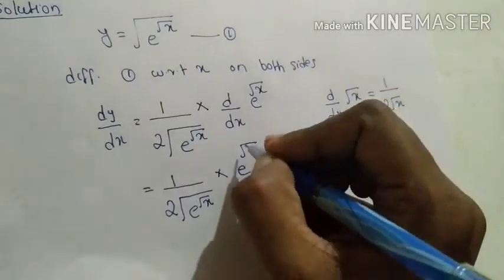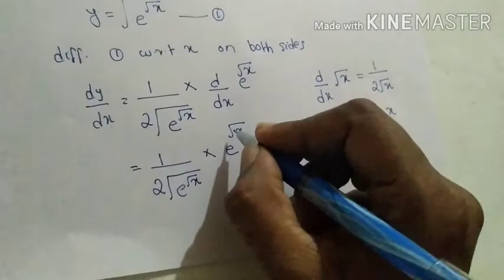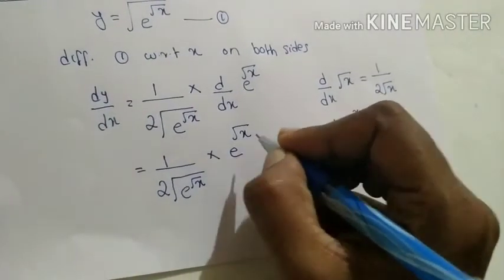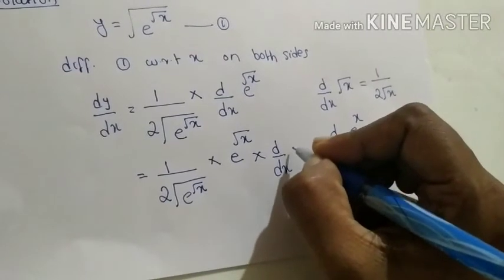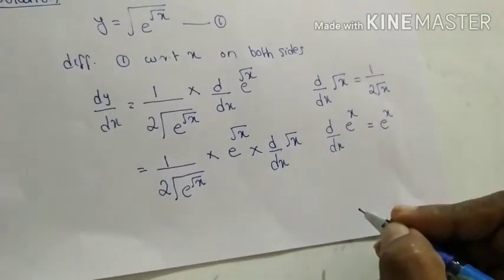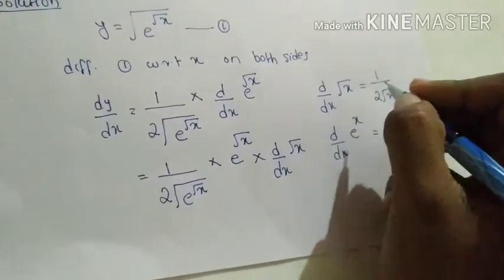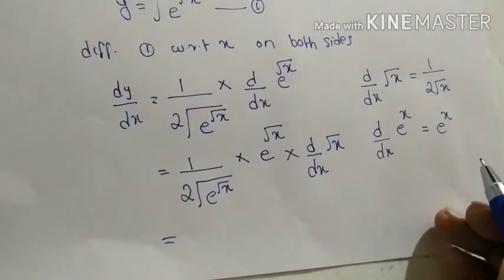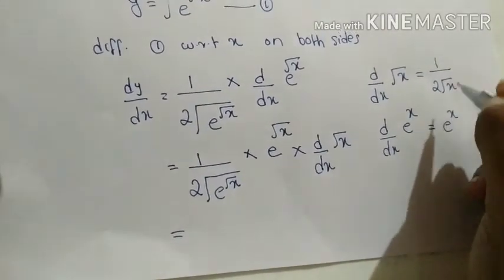Okay. Here root x is another function. So by using chain rule, we need to calculate the derivative of root x. So write d by dx of root x here. Again, we know that the standard derivative of root x is 1 by 2 root x. Finally, we replace the derivative of root x by 1 by 2 root x.